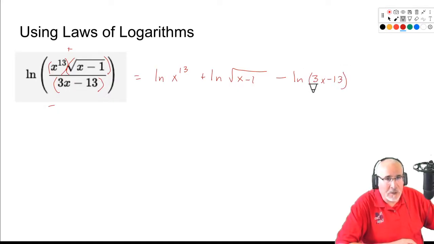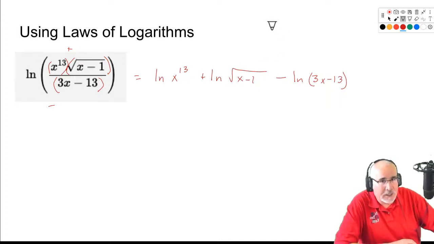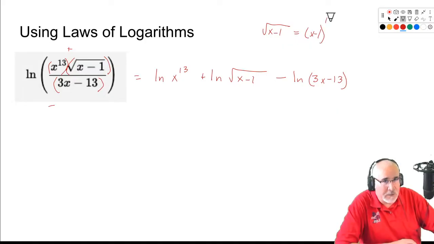Now, we haven't used all the properties. What about these exponents? There's a 13 here. This square root is actually a half power, right? That's really square root of x minus 1 equals x minus 1 to the 1/2 power. You're going to have to remember that.